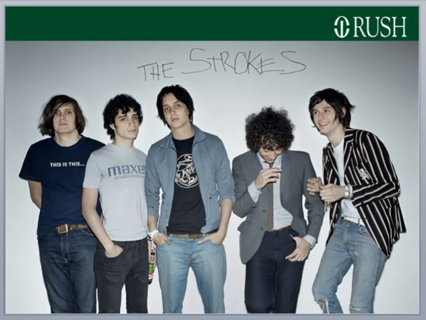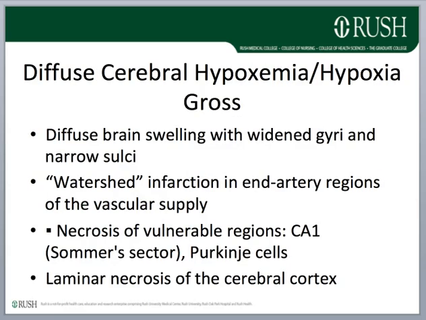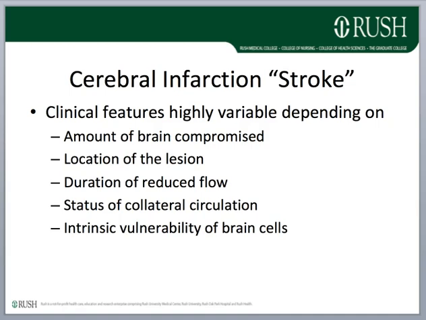All right, let's summarize what we've learned about the strokes. Not these strokes, but cerebrovascular strokes. We learned about the definition of cerebral infarction, where they're located, and some of the gender and risk factors. You should be able to recognize and describe some of the gross features that are seen in diffuse cerebral hypoxia. We talked about some of the things that modify the location and extent of a stroke, and thus the clinical features.